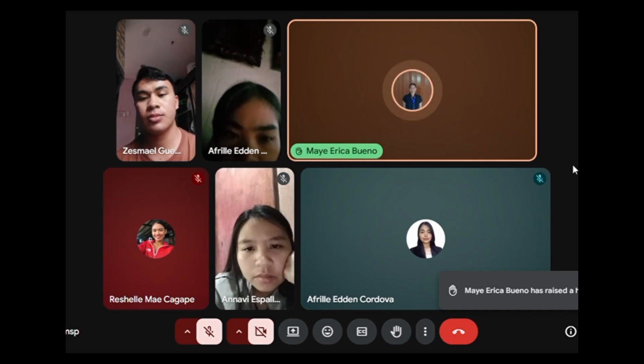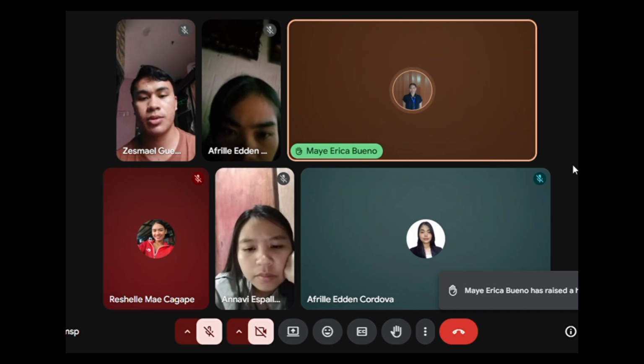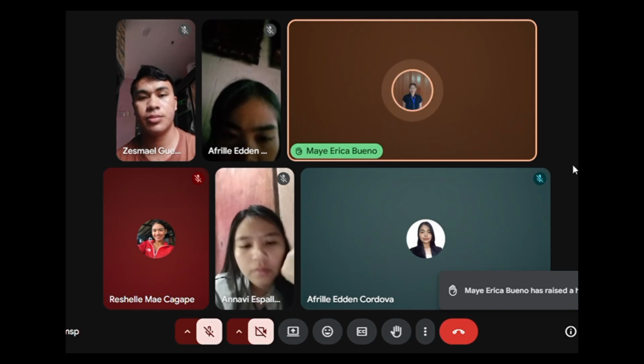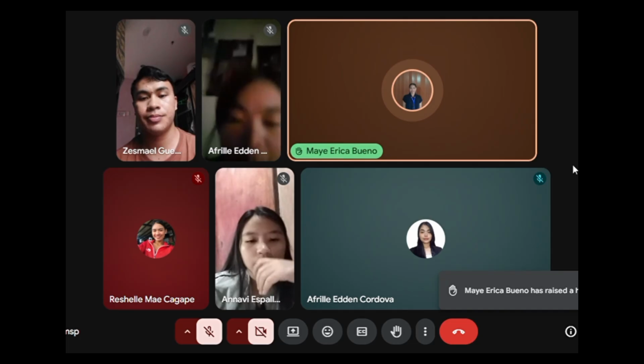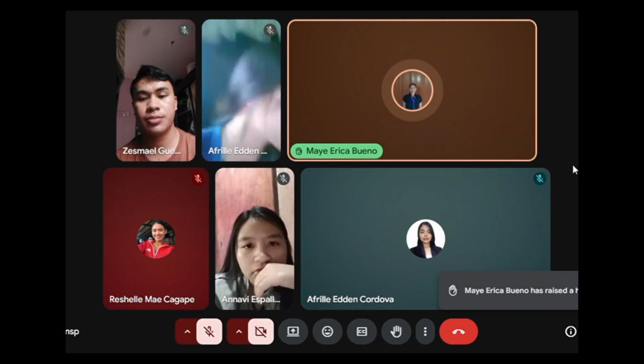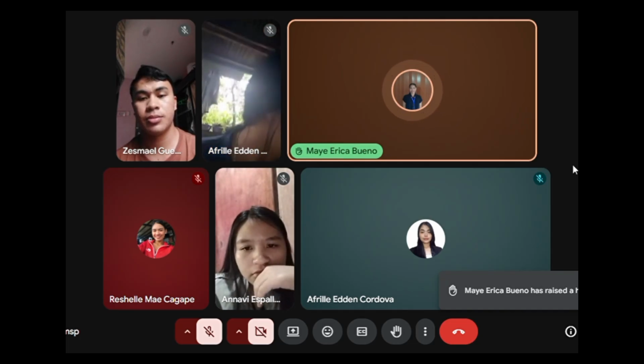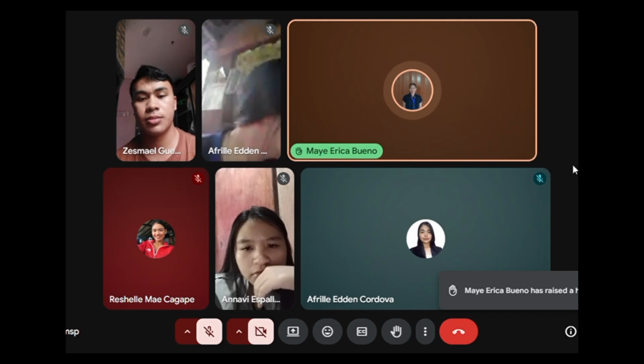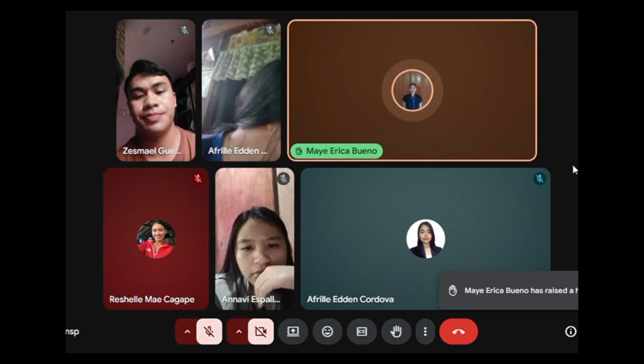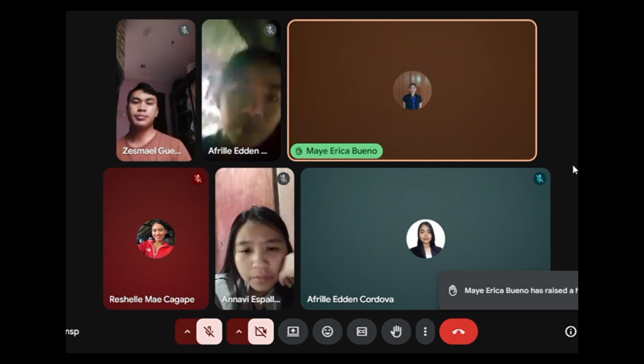If we have a rectangular prism that is 5 centimeters long, 3 centimeters wide, and 10 centimeters high. First, we find the perimeter of the base. Perimeter equals 2 times 5 plus 3, which equals 16. Second is the base area.